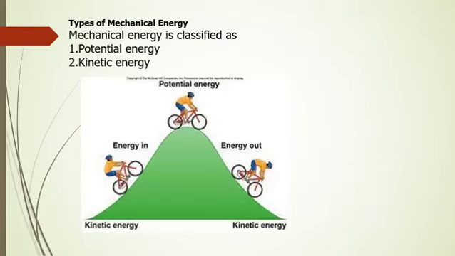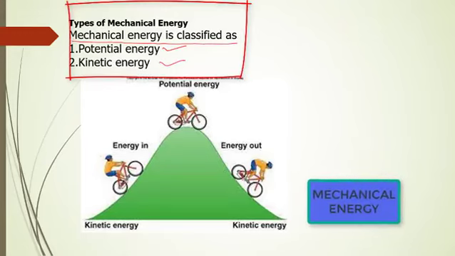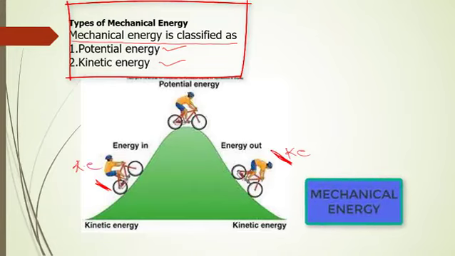At this point, let's talk about the first one, mechanical energy. We have two types of mechanical energy. They are potential energy and kinetic energy. If you look critically at the image here, you would notice that the two bodies that are moving, the boy moving upwards on the bicycle and the one coming down at the same time, at these two points, they possess kinetic energy.